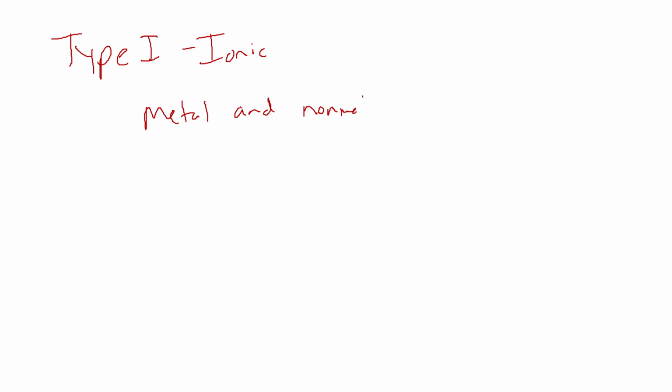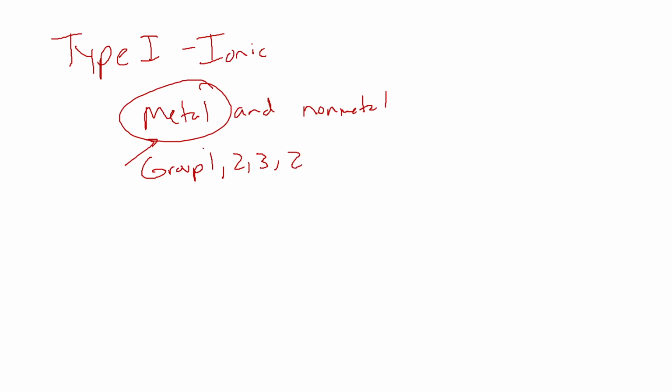And once again here, always when a metal is involved, that's what you want to look at. So that type 1, basically, as I said earlier, group 1, group 2, group 3, which is aluminum, zinc, cadmium, or silver. If you see a compound formula that has one of those metals in it, you could just proceed right to the naming part.